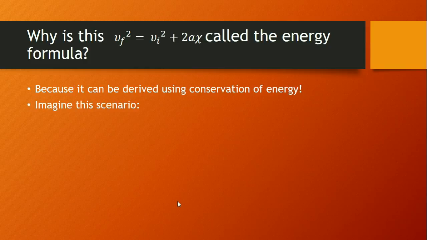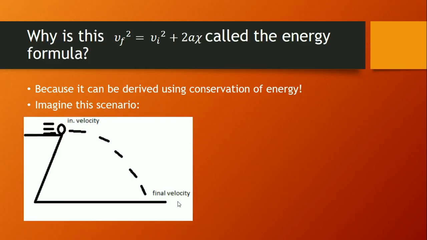And here, let's take, for example, this scenario. You have a ball that's at the top and has initial velocity, and it falls down and has a final velocity. So conservation of energy, assuming there's no friction, says that initial energy equals the final energy.